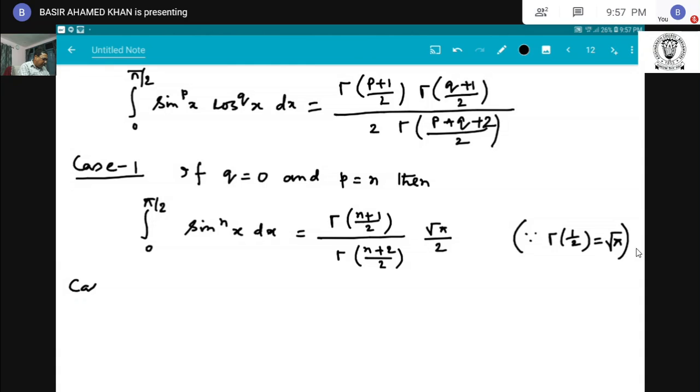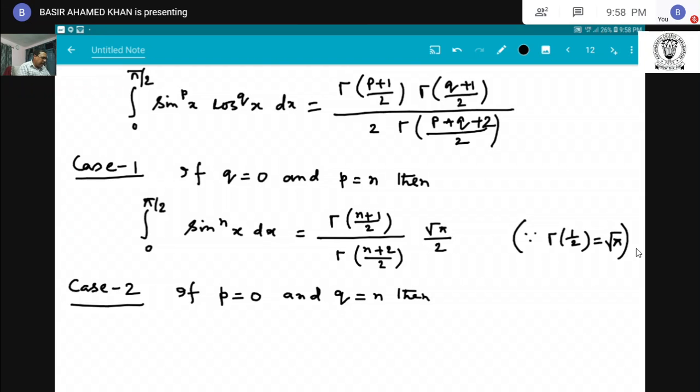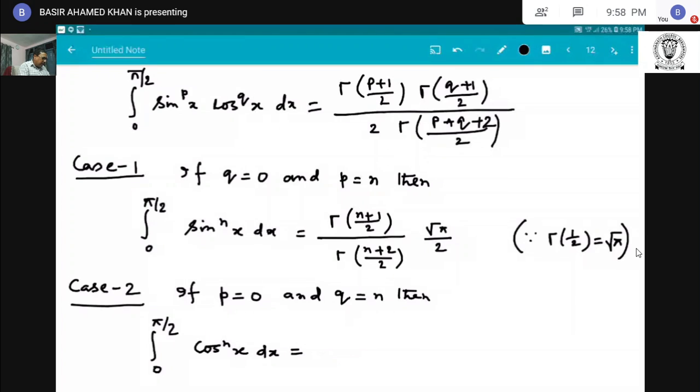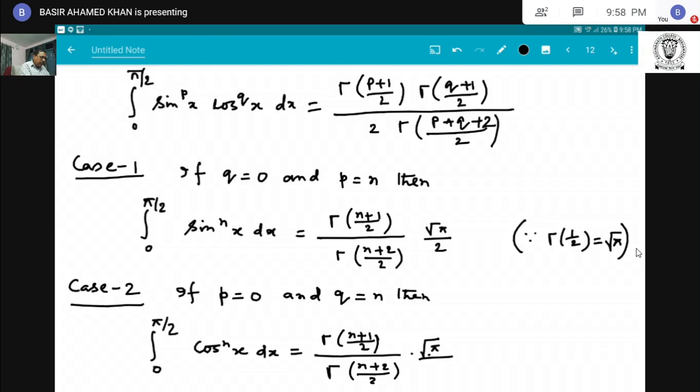Case 2: if I take p equal to 0 and q equal to n, then we will get the same result for integration of cos to the power n x dx equal to gamma n plus 1 divided by 2, divided by gamma n plus 2 by 2 into root over pi by 2.